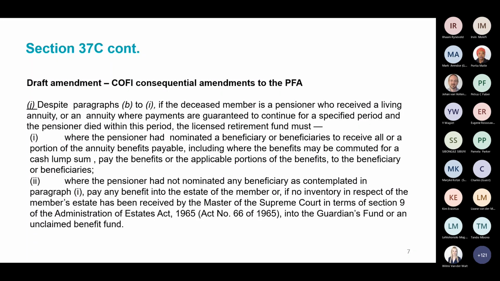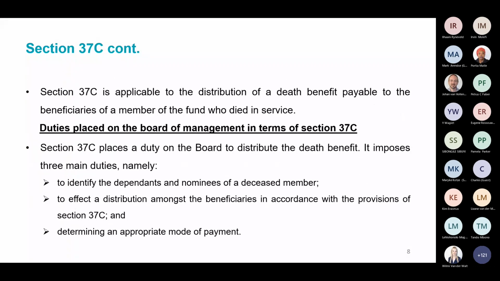When the pensioner has not nominated any beneficiary, then the payment will actually also be made into that pensioner member's estate. And of course, if not the estate, it will be paid into the guardian's fund or an unclaimed benefit fund.